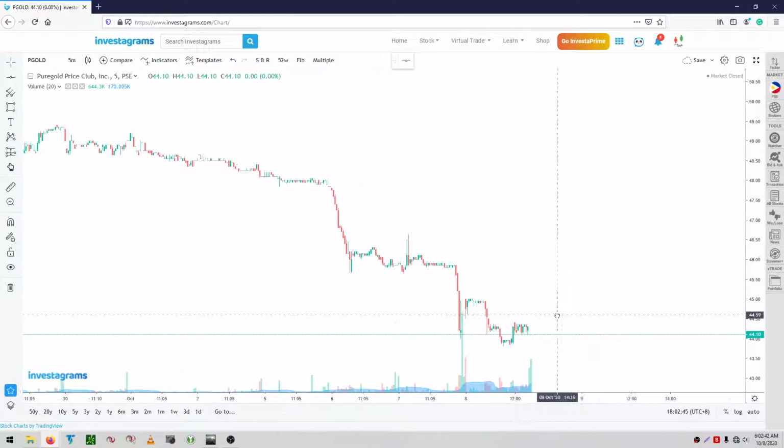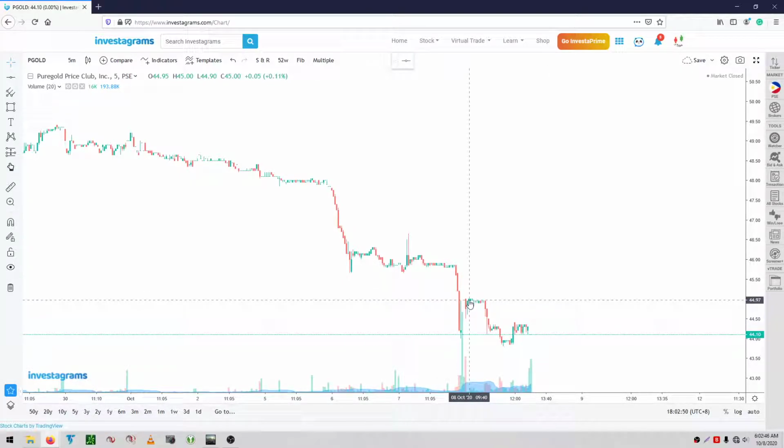And today, what happened? I think they didn't even give the buyers a chance to move up. See, they tried to go up, but there wasn't any lower high. See, only near the end of the day. Which means the sellers never gave the buyers a chance in this market.